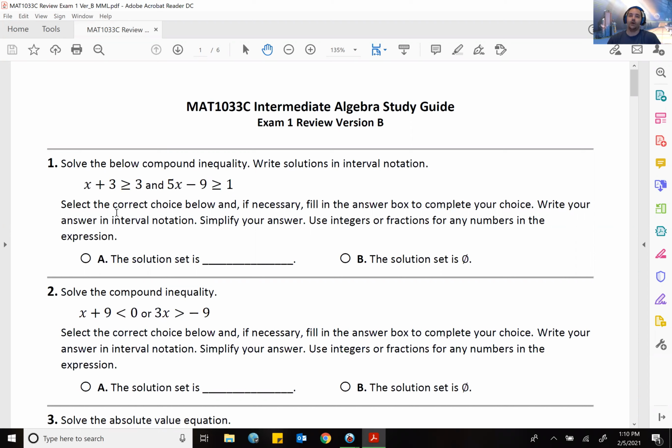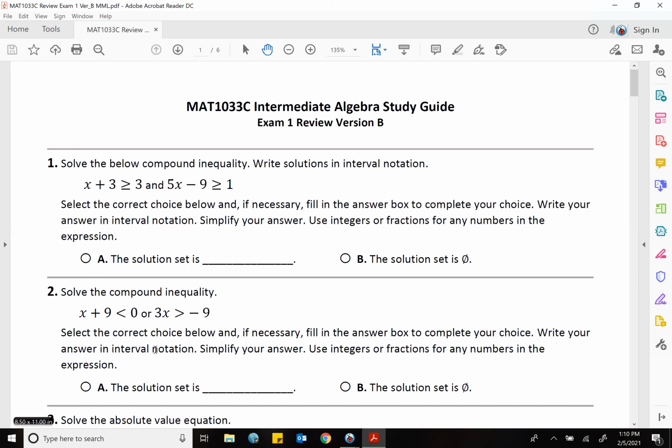This is where you all participate. What kind of compound inequality is it? It is an and, yes, because it says and between it. If you look at number 2, what kind of compound inequality is that one? Or. It's an or. See?